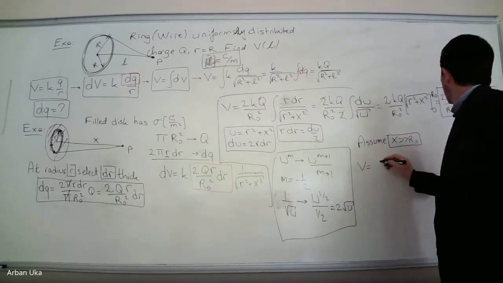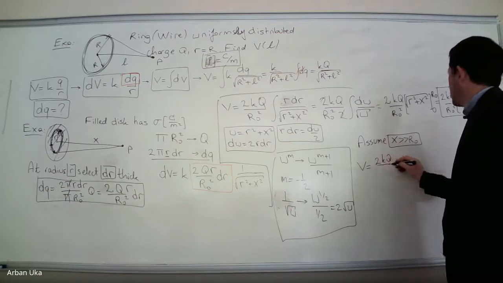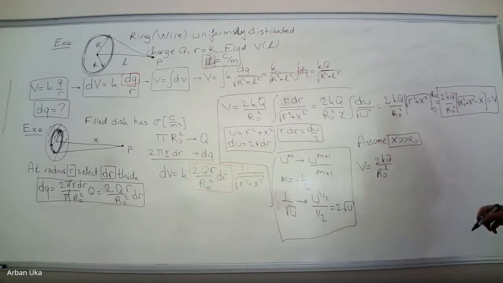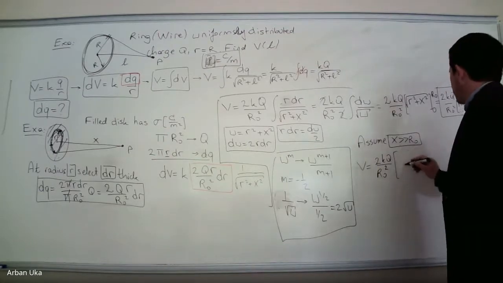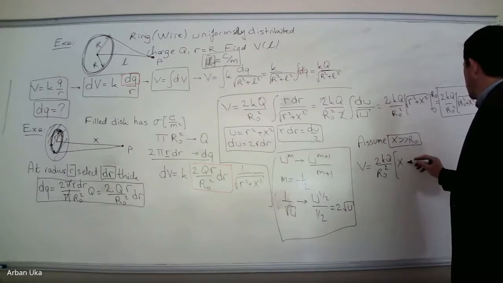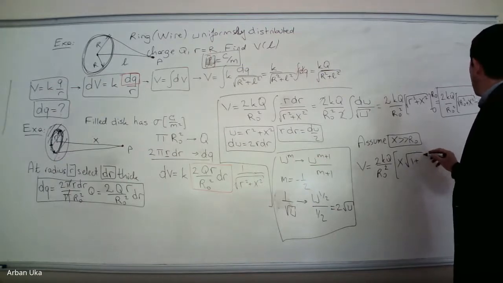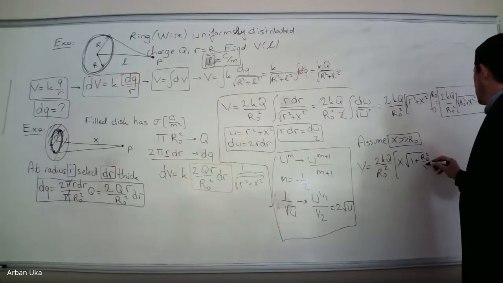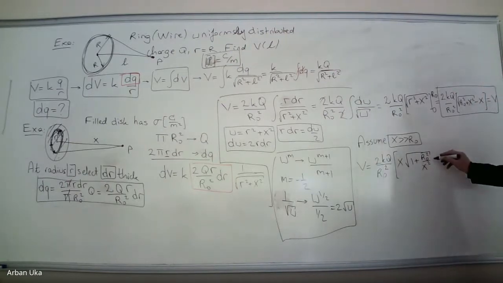So we can say V is equal to 2k cubed over r0 squared times x times 1 plus, and this is minus x.